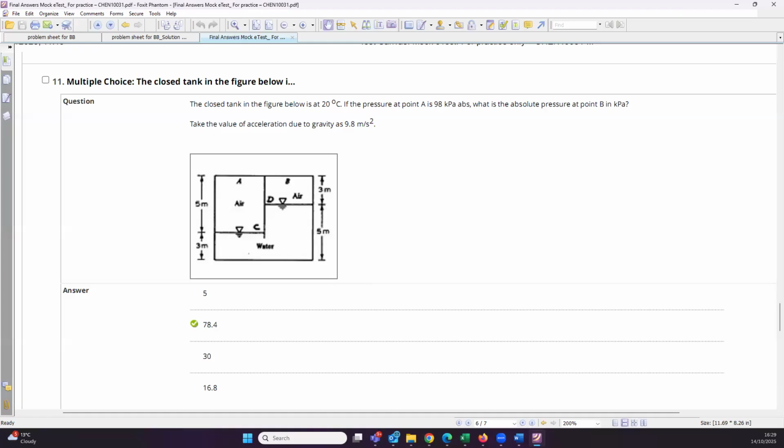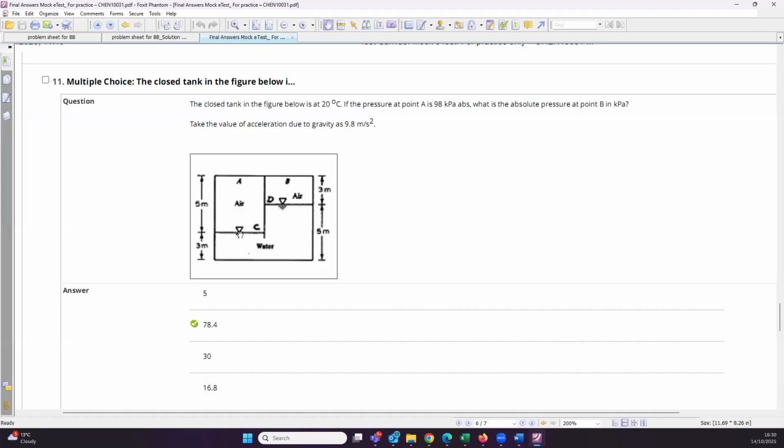So if the pressure at point A is 98 kilopascal, it would be the same at point C. So what you are asking is, if the pressure at point A is 98 kilopascal, why is it the same here?